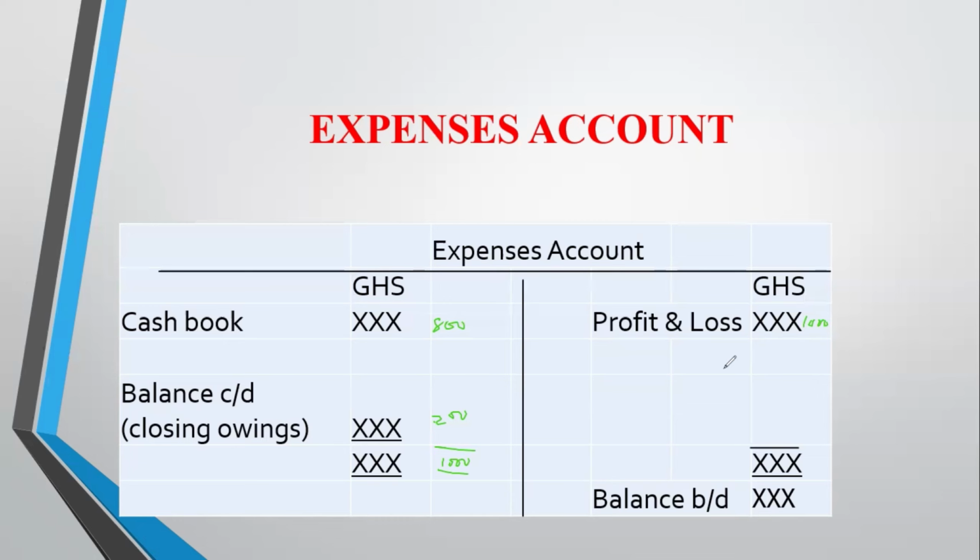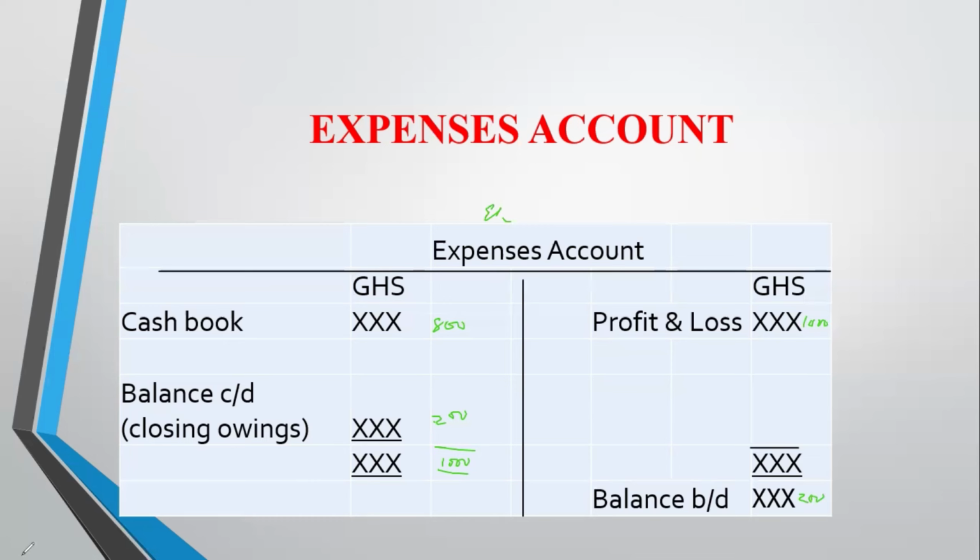When you go to the profit and loss account, you debit this 1,000 cedis in the name of the expense, say electricity. So that is how we treat the expenses account. Here, the balance carried down of 200 will be the same as the balance brought down, 200. That is for the expenses account.